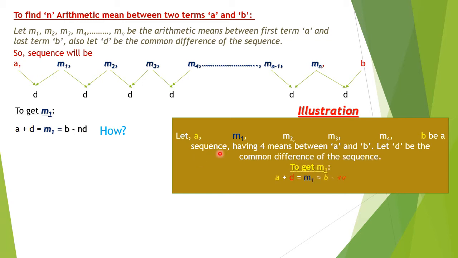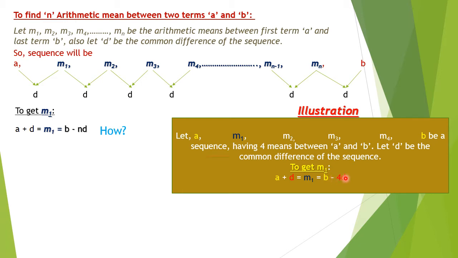You can see a and b are the extreme terms, and between them there are only 4 means, and our focus is on m1, and the common difference is d. We get m1 by adding d to the first term, and again we get m1 by subtracting 4 times d from the last term.